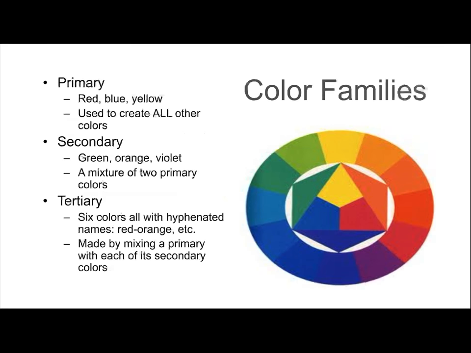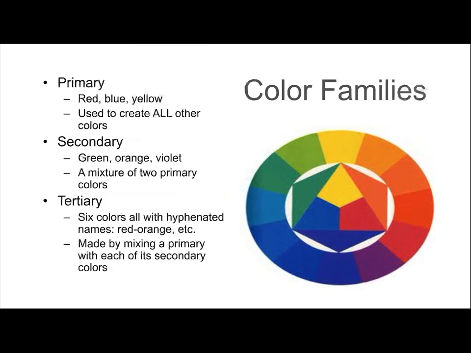When we look at colors, colors also have color families. So the primary colors are the first 3 colors. In art, or in pigment, those colors are red, yellow, and blue. Those three colors are actually the only three colors you need to create all of the other colors.